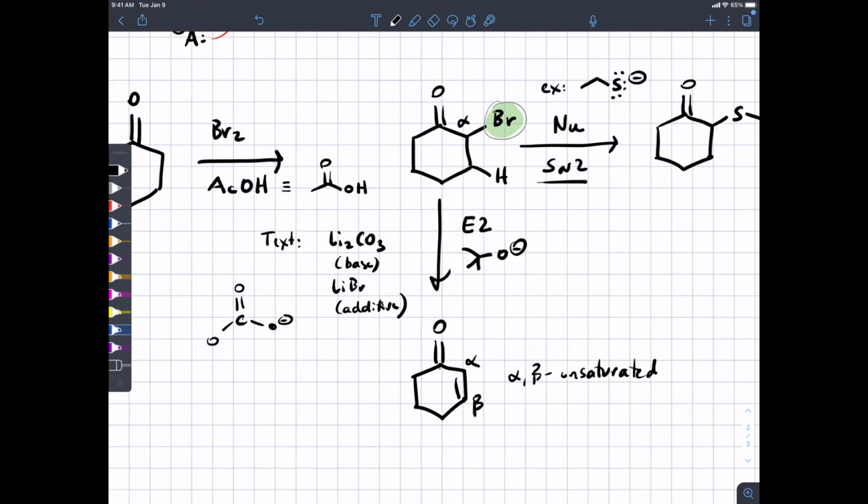Carbonate looks like this, and its conjugate acid bicarbonate has a pKa such that it's a decent base for doing this elimination reaction. Why does your text do this instead of tert-butoxide? I don't know. And I have a hypothesis, but I'm going to be fine with you using, say, tert-butoxide to do this reaction.